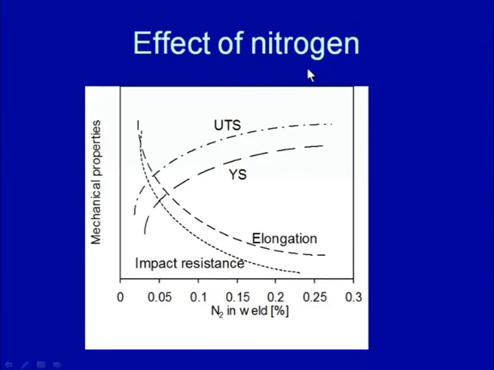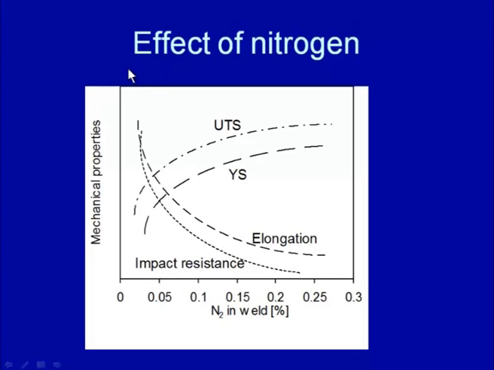Just for an example, if nitrogen is present in the arc environment, it can easily react with the iron and form iron nitrides. The formation of iron nitrides in the form of needle shapes, as very hard and brittle microconstituents, adversely affects the mechanical properties.